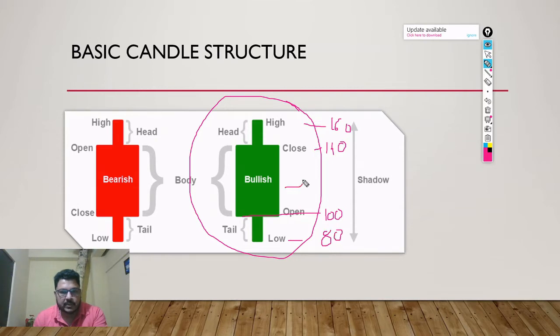So what is the color of the candle? It's green because it opened low and closed higher. So there is a lot of buying power. That means bulls have won on this, and here bears have won. So you can see bearish and bullish. These are the only two candlestick types which you will be able to see.